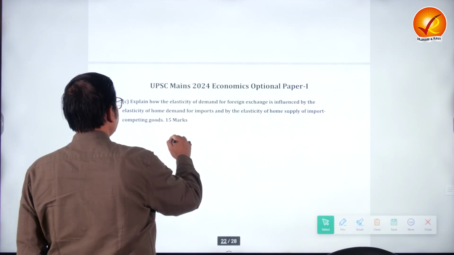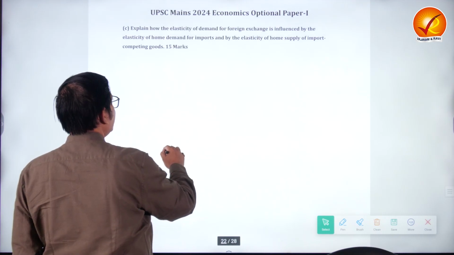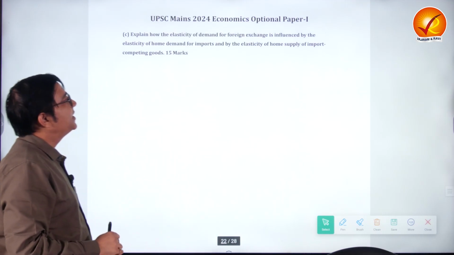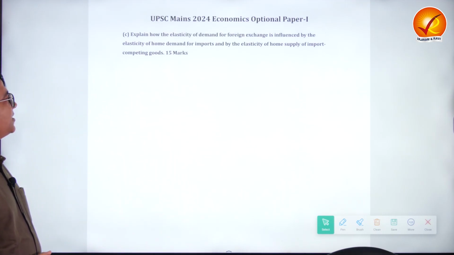The last part was: explain how the elasticity of demand for foreign exchange is influenced by the elasticity of home demand for imports and by the elasticity of home supply of import competing goods.